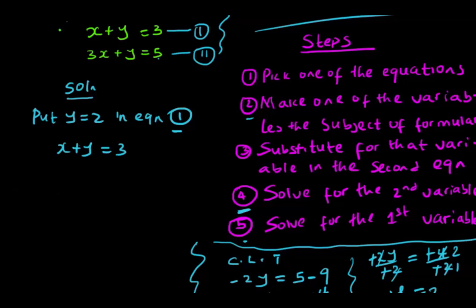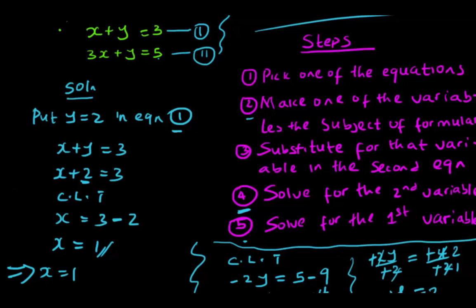So anywhere I see y, I call it 2. So I'm having x + 2 = 3. Then collect like terms. x = 3. What's the sign of 2 here? Plus. When it crosses the equal sign, it becomes minus. So x = 3 - 2, which is 1. Which implies that x = 1, y = 2. This is my final answer. I hope you understand it.